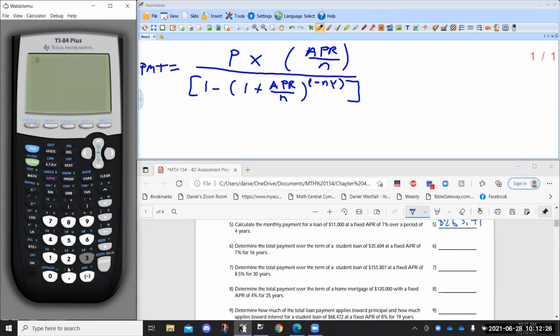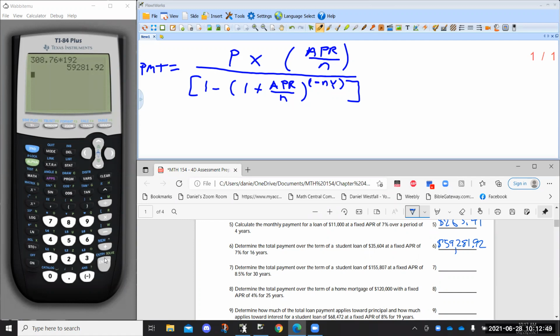So $308.76 times the 192 payments. It's going to give me a total amount that I've paid of $59,281.92. Look at that.